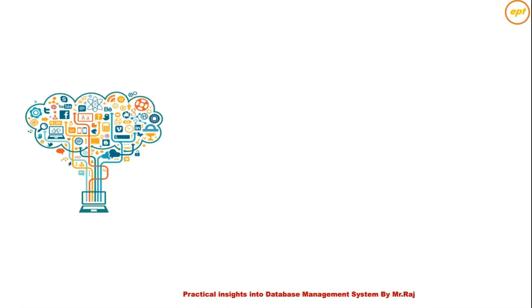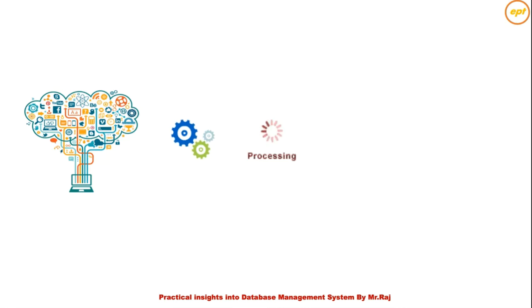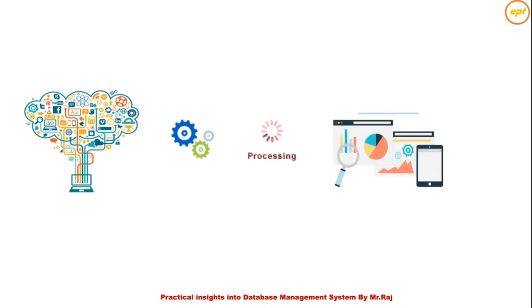While converting this raw data into meaningful data, you need to analyze and understand the data, and based on that you need to write business logics, and you have to process it properly and then convert it into information.